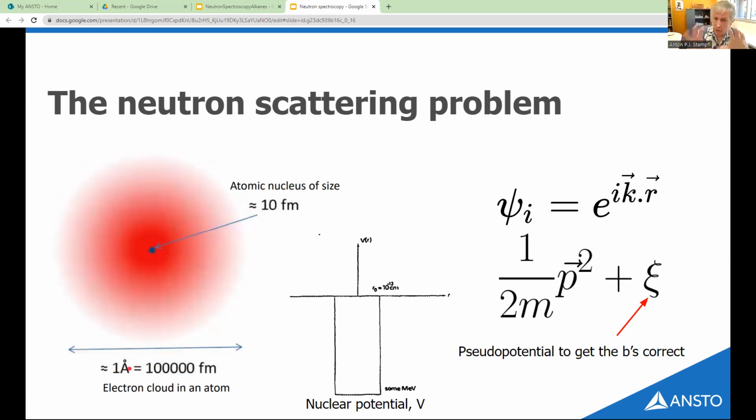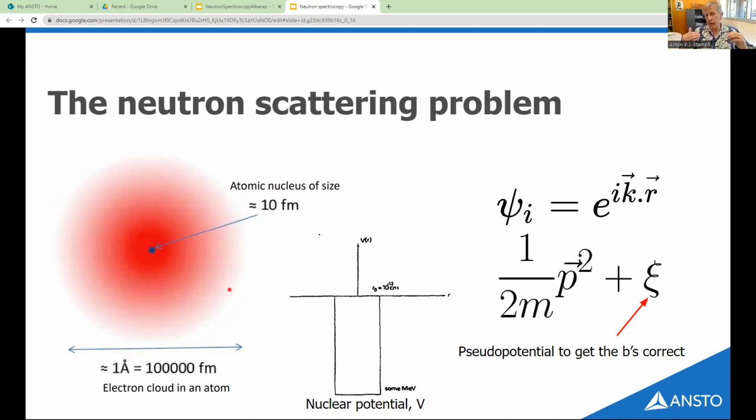That makes this scattering problem different. We don't have such a tiny wavelength. We have a large wavelength in comparison to the size of the nucleus and the nuclear potential, which is in the MeV range. Now, if you're trying to understand the scattering, you have to use the Schrödinger equation to describe the scattering, all right?